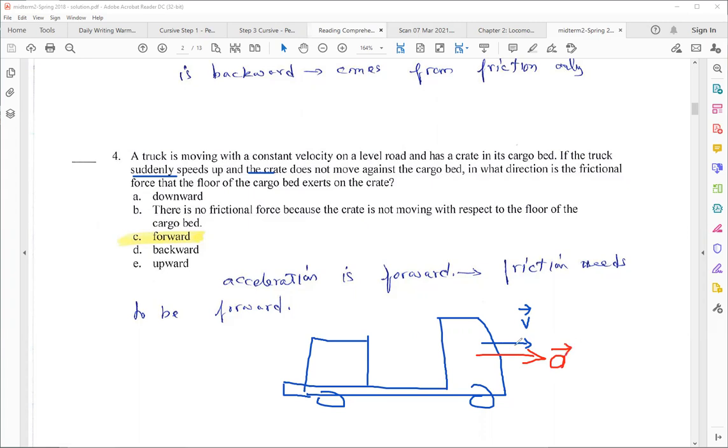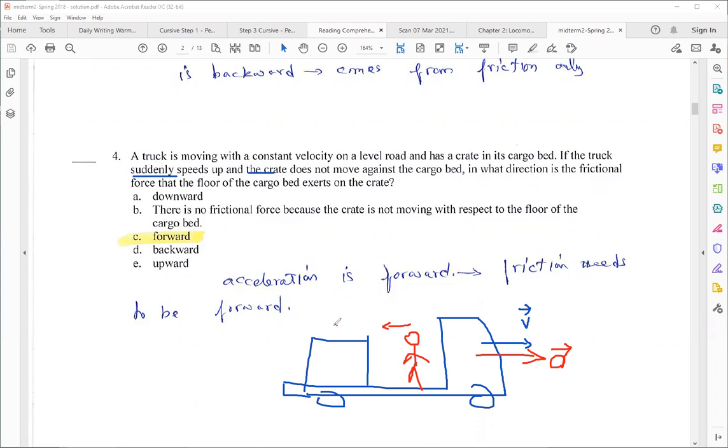Very good. Now, if the acceleration is forward, what does the crate want to do? Imagine yourself standing here. If the truck accelerates forward, you want, of course, to move backward, because of inertia. You want to keep the same slower speed, which means you go backward.